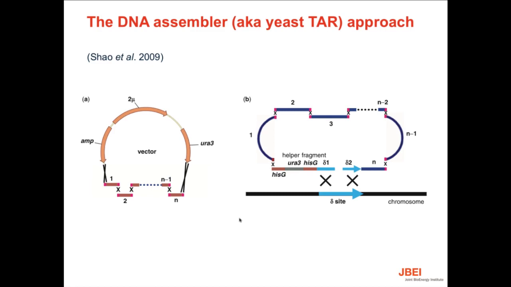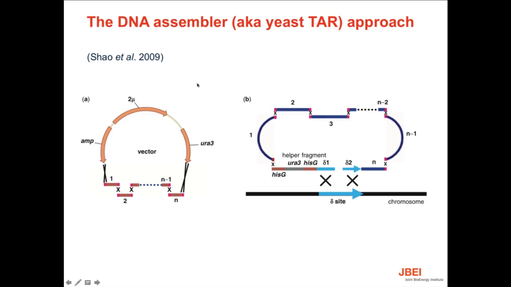Just as another type of approach, this is yeast transformation associated recombination. I guess the figures that I grabbed here are from the Shao 2009 paper for DNA assembler, but the idea is very similar. You have these flanking homology sequences guiding the assembly process, as shown on the left side. This can, for example, be making circular constructs, maybe with a 2-micron plasmid for yeast.